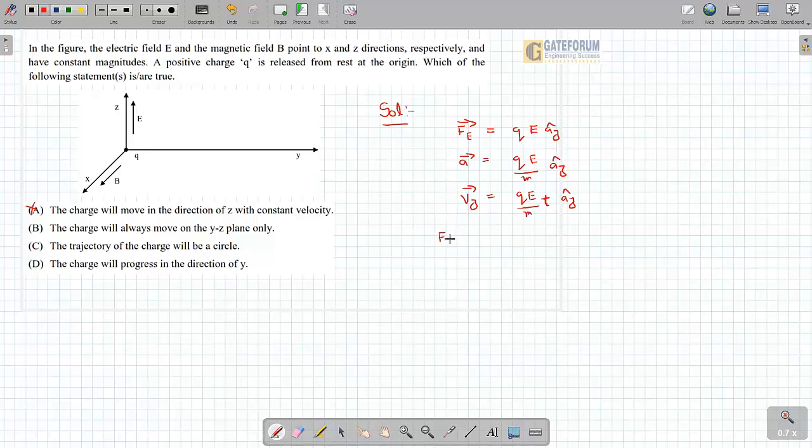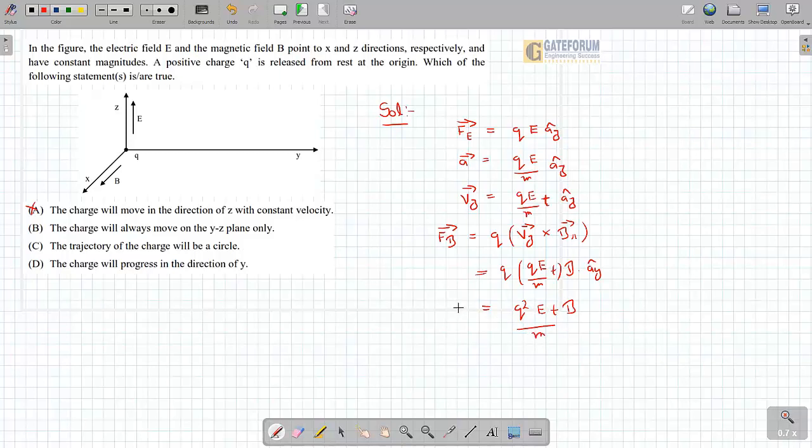Now the force due to the magnetic field is Q, the charge moving along the z direction with Vz, cross the magnetic field along the x direction. We can write this as Q, Z cross X will become Y. That will become Q times QE by m t times B AY, which is Q square E t B by m.